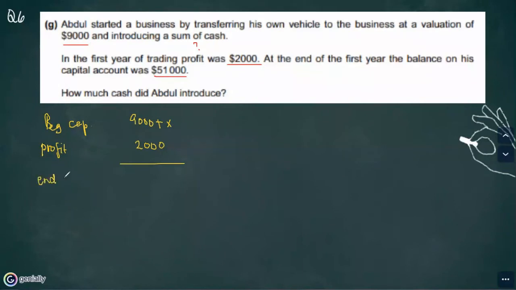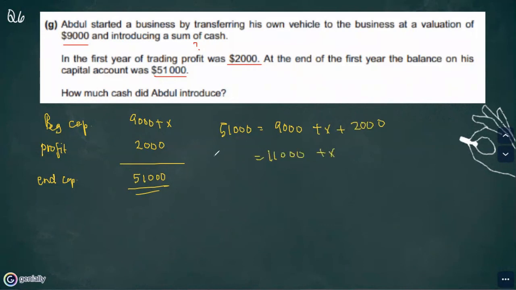Ending capital should be 51,000, right? So that's all he had. So how do we figure out this one? 51,000 equals 9,000 plus X plus 2,000. So 11,000 plus X is your 51,000. X should be 40,000.